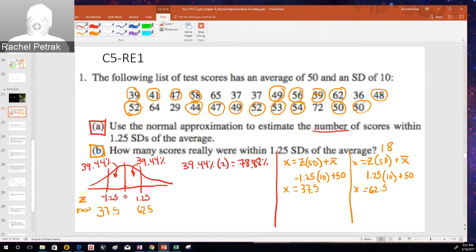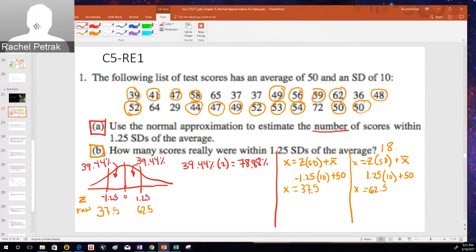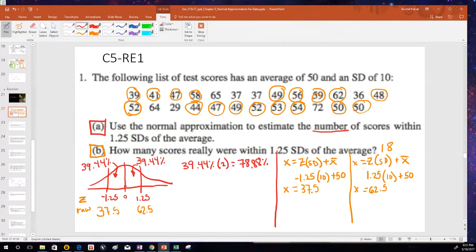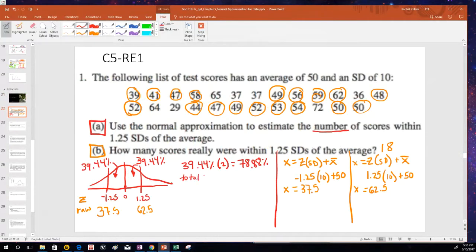And that is to first know how many scores there are total. 25. And so we want to know how many scores fall within our 78% of 25 scores. So to estimate the number of scores within this interval, we know that our total number of scores is 25.